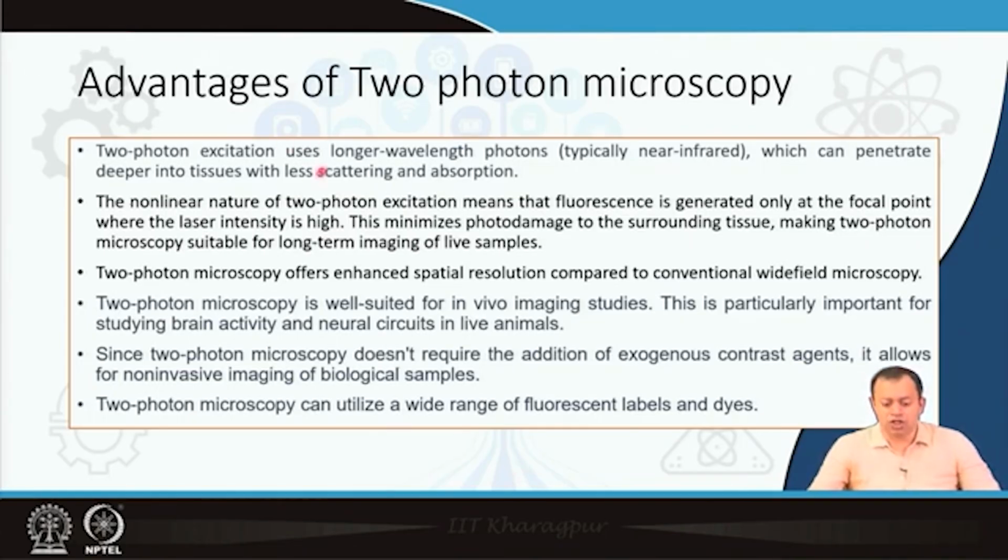So, two photon excitation uses longer wavelength photons, typically near infrared, which can penetrate deeper into the tissue. Remember from the previous lecture that brain tissue has this optical window, the transmission between 650 to around 900 nanometer, right. So, what you can do, you can make fluorophores. The basic idea here is that what I have mostly dealt with is the neuronal activities, the electrochemical potential change, the resting potential, the action potential, which mostly deals with calcium ions, sodium ions, potassium ions.